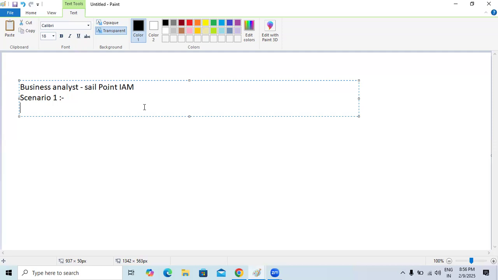At the same time, we must explain in detail, because I have already given training on SailPoint IAM from the business analyst point of view, hence I am not repeating those points. But when it comes to the key important scenarios, it is identity governance. What is identity governance, how does it function, and being a BA, what is your role in it?